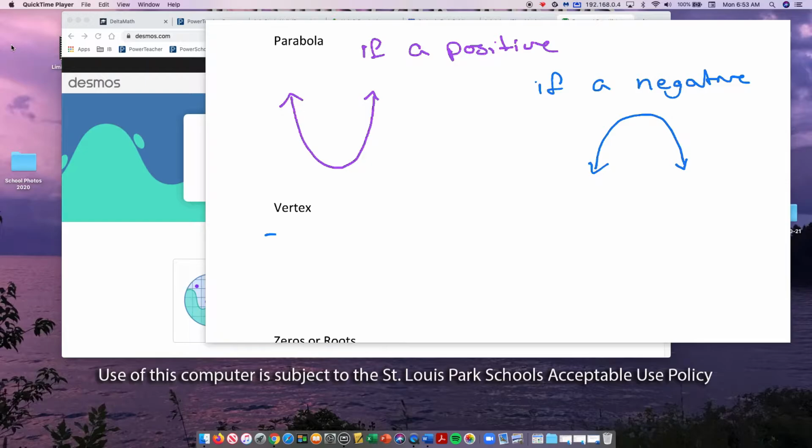The vertex is the tip of the parabola. So the tip of the parabola is the vertex. When you think about it, if a is positive, it's that very minimum value.